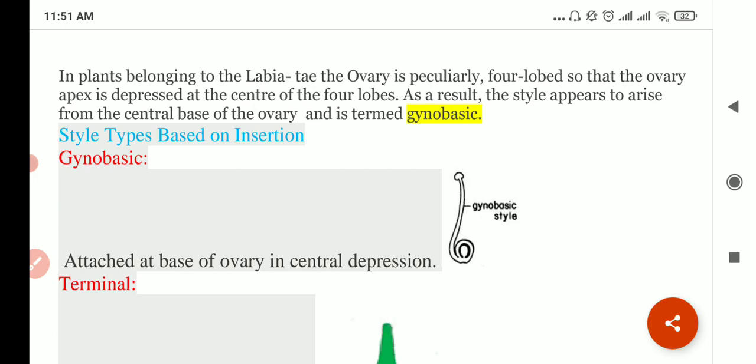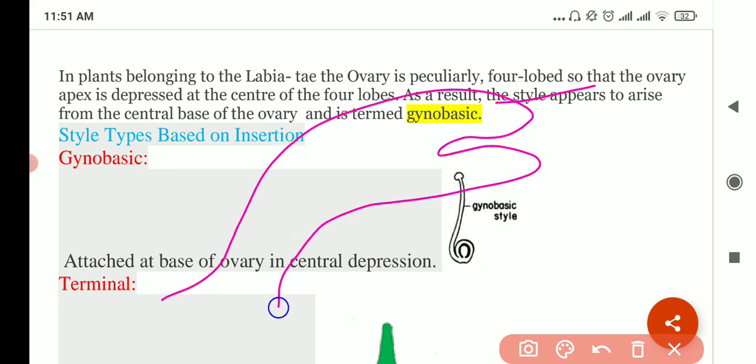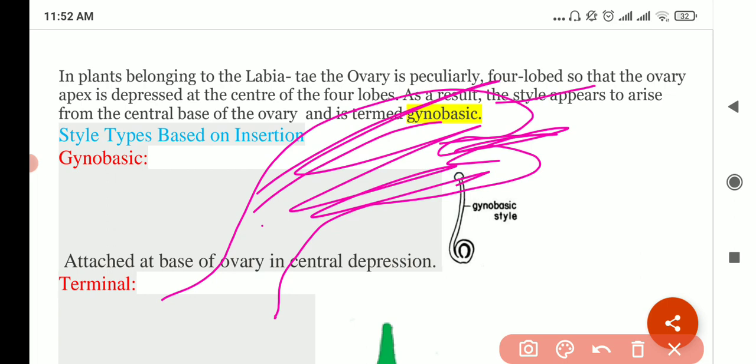In the family belonging to the Labiatae, the ovary is four-lobed. Okay, Labiatae is that family, you know, which has a lipped flower, like salvia. No, it's bi-lipped. Okay, it has a lip-like structure. Not the gynoecium, the corolla is like bi-lipped.